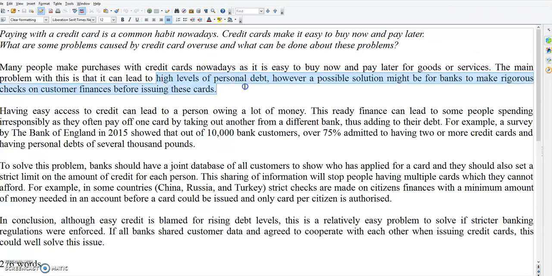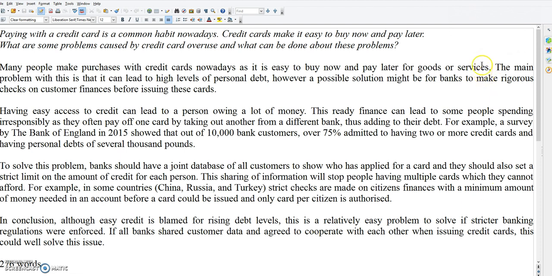So we've got high levels of personal debt, owing a lot of money, what else? Personal debt, limit on credit, which they cannot afford. So we're not simply saying credit card, and credit card debt. It is variation.